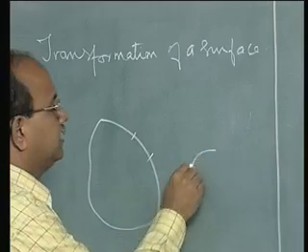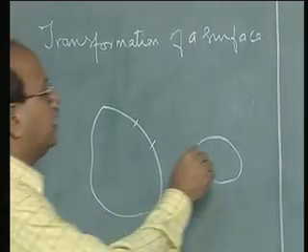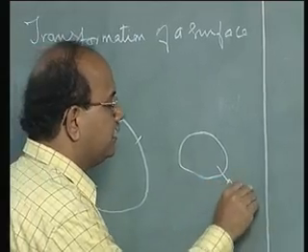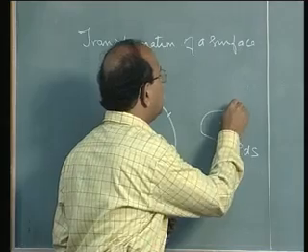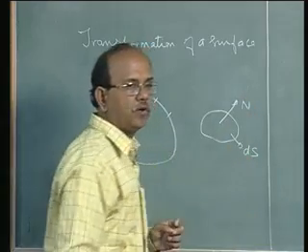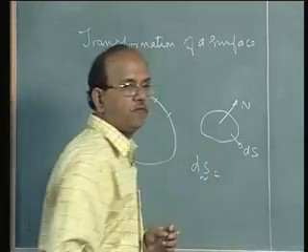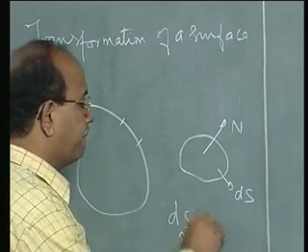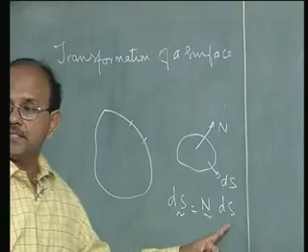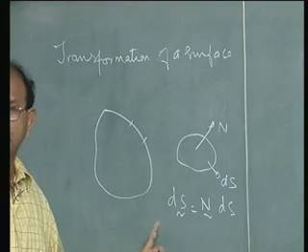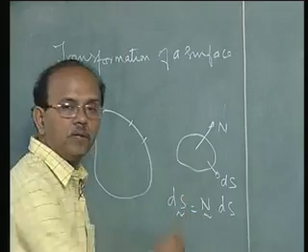Let me call the area of this infinitesimal surface dS, and let N be the normal to it, so that in vectorial form dS can be written as N dS. So this dS is the area, and it becomes the representation of the area along with the normal N to it.